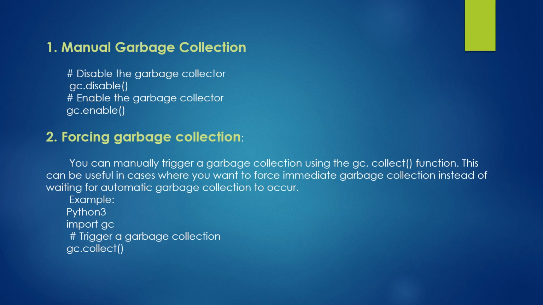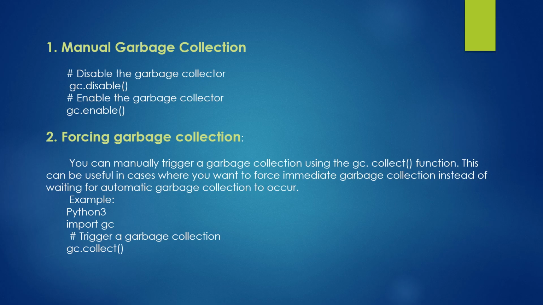In this, we can manually trigger a garbage collection using the gc.collect() function. This can be useful where you want to force immediate garbage collection instead of waiting for an automatic garbage collection to occur. The example for this is when we import gc and call gc.collect() to trigger a garbage collection.